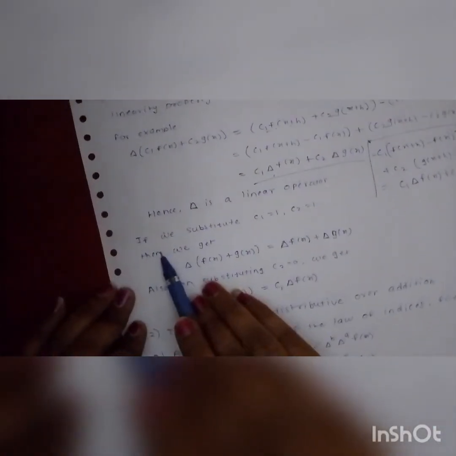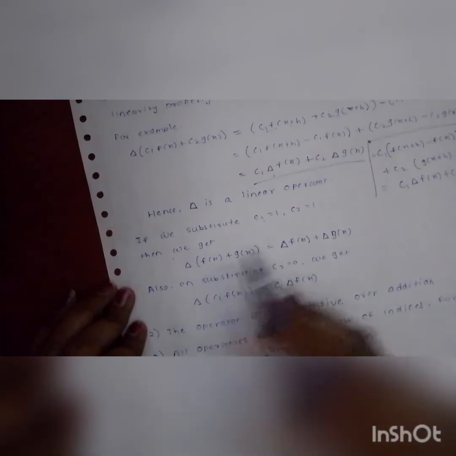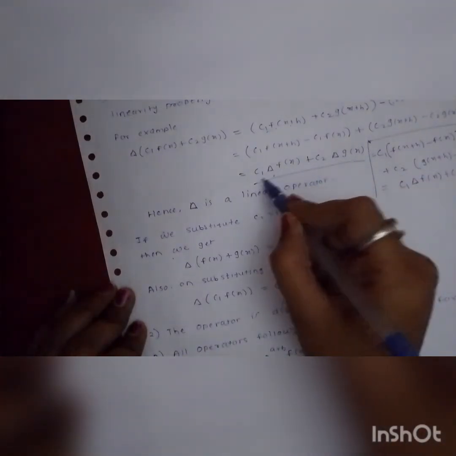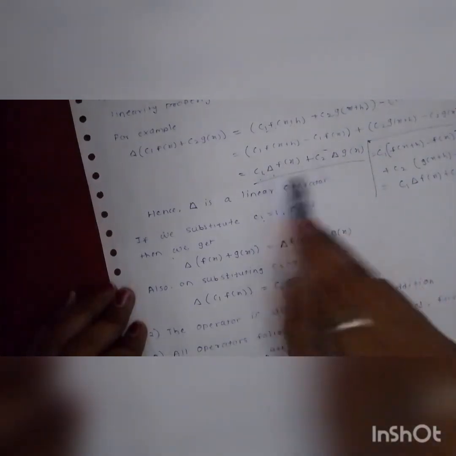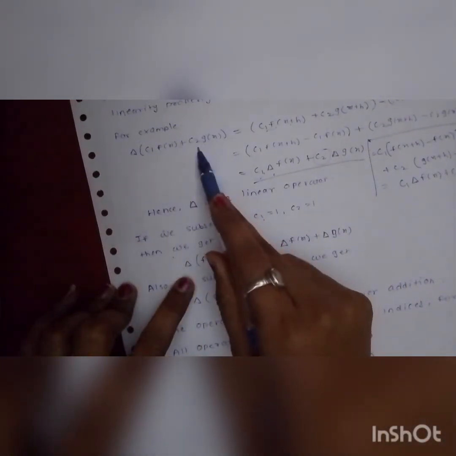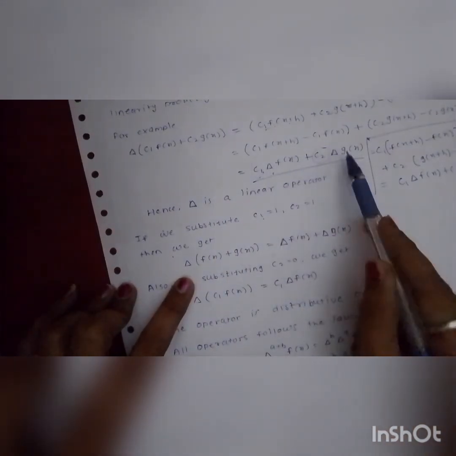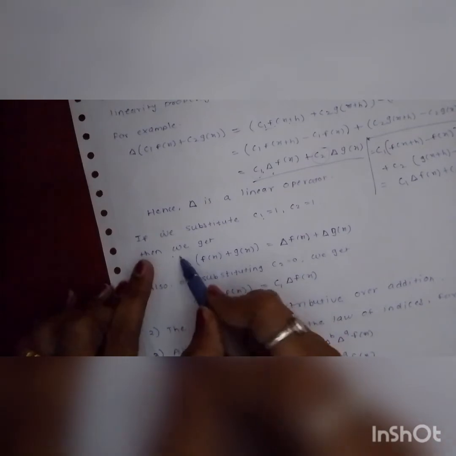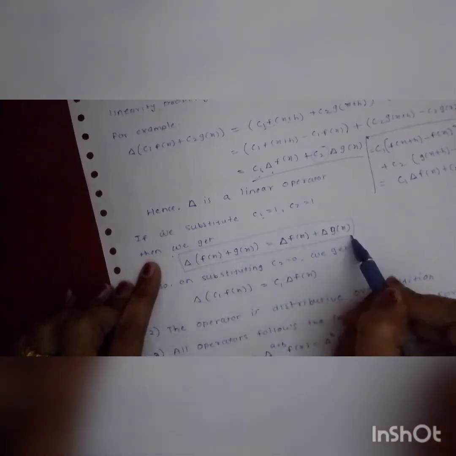If we substitute c1 equals 1 and c2 equals 1 in this expression, we get delta of f of x plus g of x equals delta f of x plus delta g of x. So this is another property.